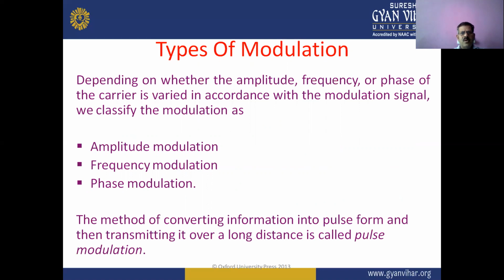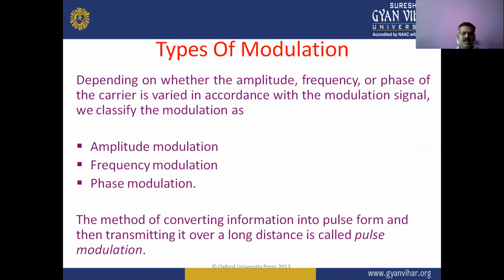What are the types of modulation? Depending on whether the amplitude, frequency or phase of the carrier is varied in accordance with the modulation signal, we classify the modulation as: first one is amplitude modulation, AM.